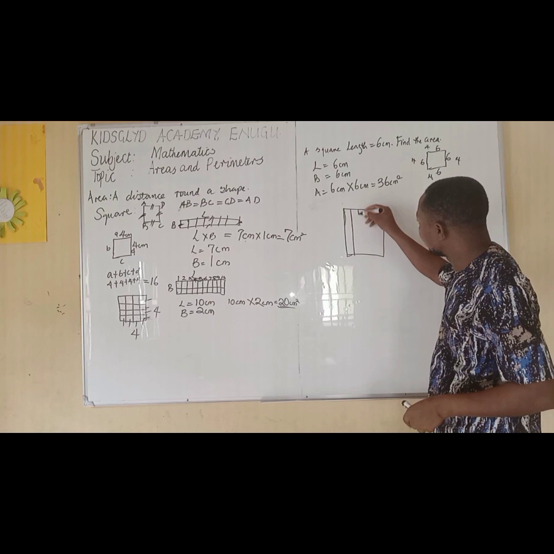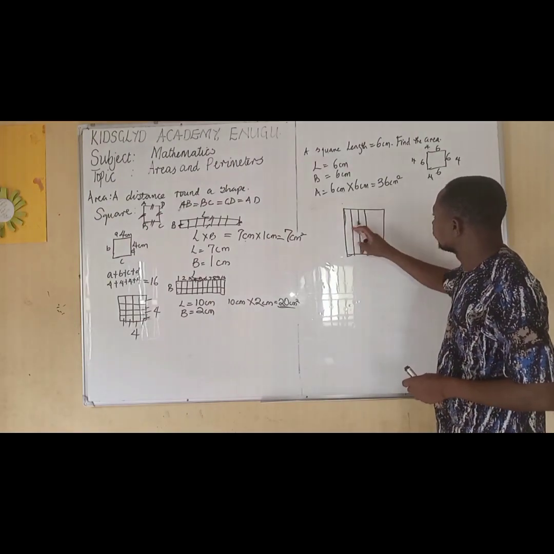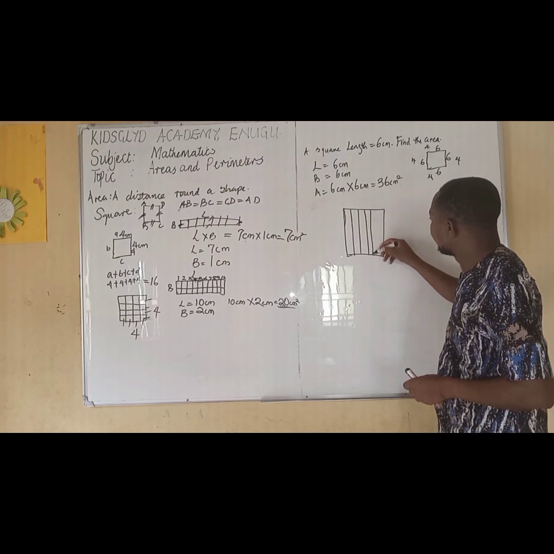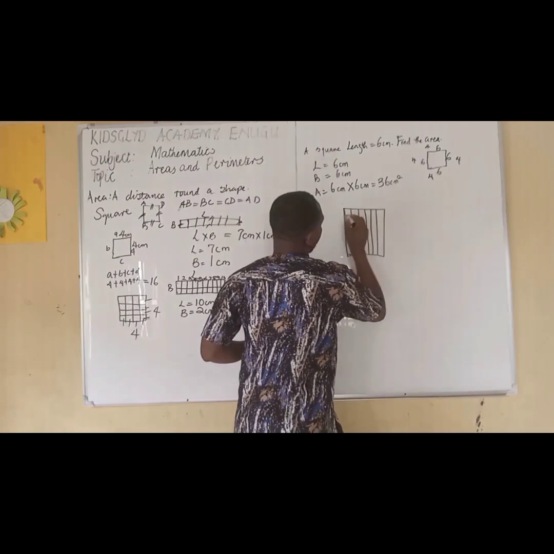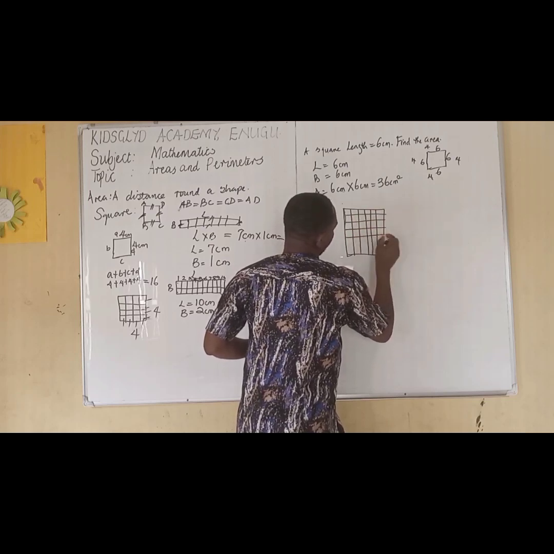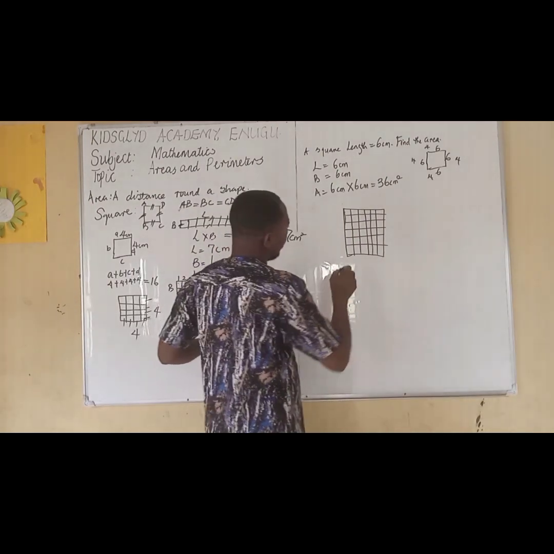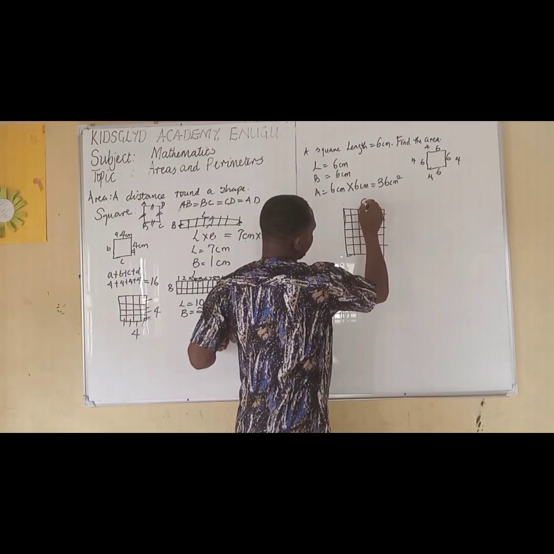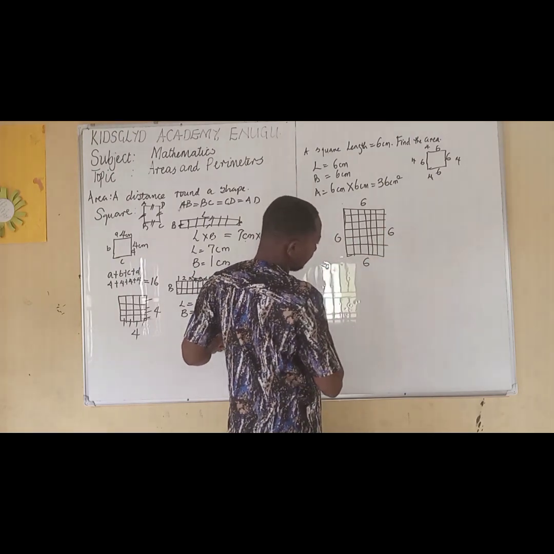Let's take time and draw the diagram so that we really understand it. 1, 2, 3, 4, 5, and 6. 1, 2, 3, 4, 5, and 6. Now we have 6 here, 6 here, 6 here, and 6 here.